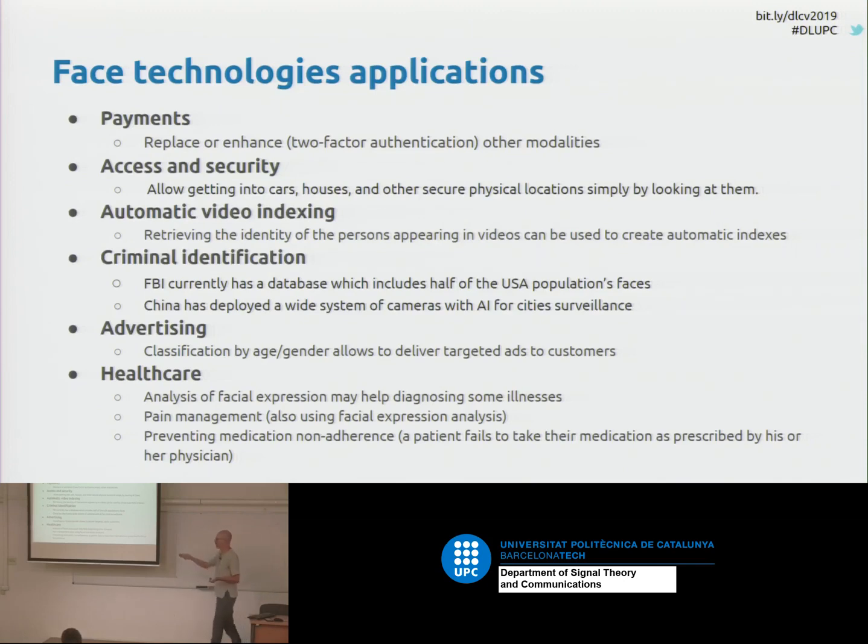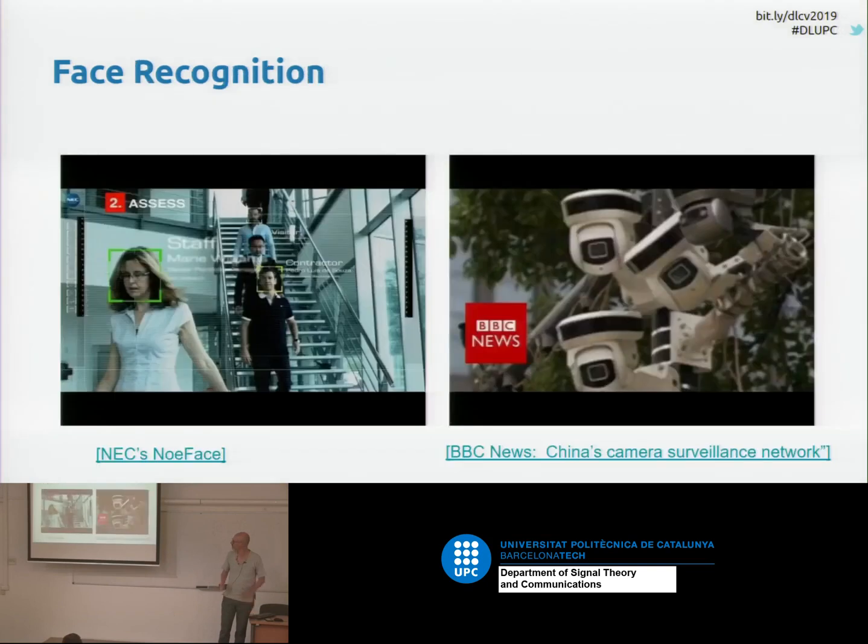Also some other efforts are to prevent medication non-adherence, to check if the people have taken the proper medication or not. Of course there are some applications that are very problematic from a privacy point of view, but there are others that can be quite useful.